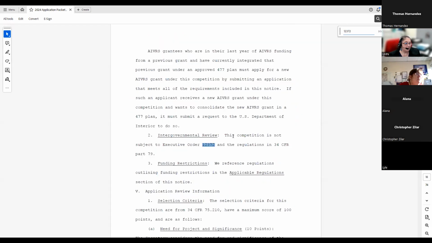Well, yeah, and then it says it's not. Let me pull up that section, and the other thing we can do is also report that there's a contradiction in the announcement.